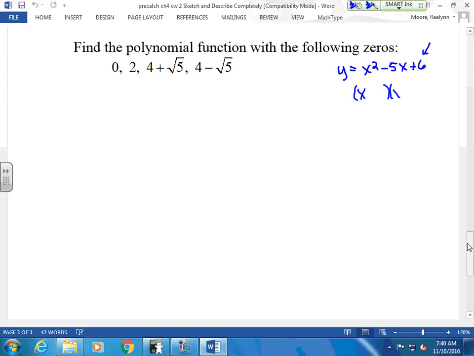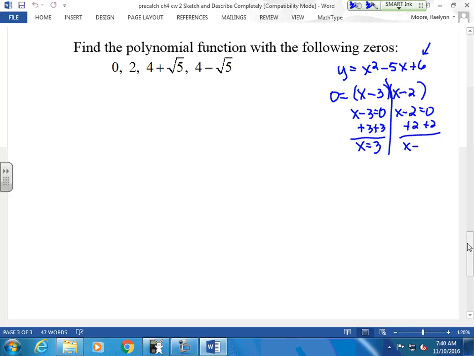Okay, so what would it say? -3, -2. So then you go like this. And so then you add 3 to the other side. I'm going to write the whole thing out. Add 2 to the other side. And these are your roots, right?